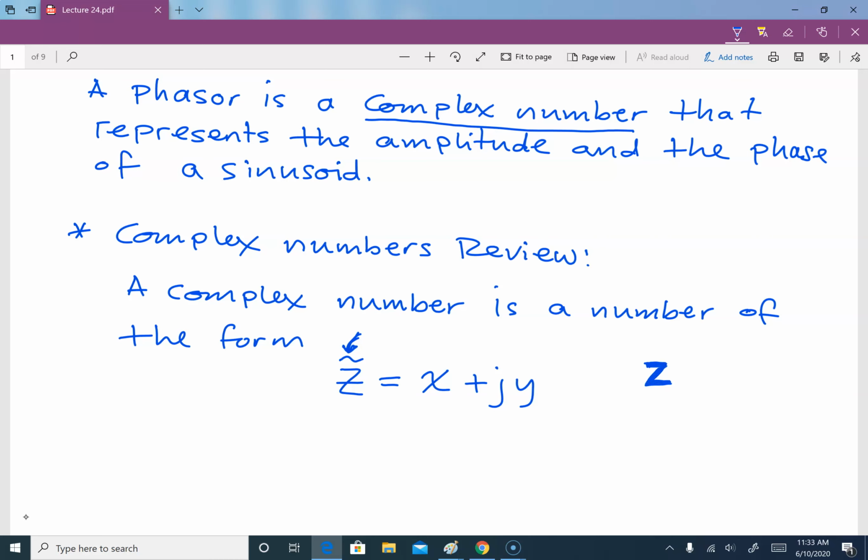For example, Z will be bold Z. If you have a voltage, in our notes we will use V tilde, while in your book it will be a bold letter V. Then that is a phasor quantity.